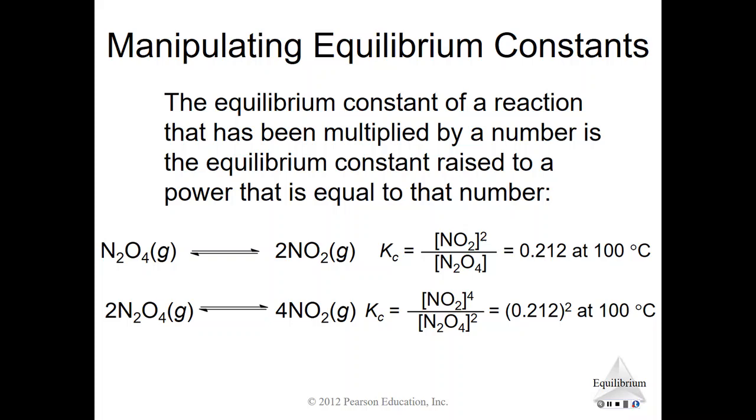When you multiply the whole equation by a multiplier, whatever that multiplier is also the multiplier for K. Sometimes you're going to have to multiply by something, either a whole number or a fraction. When you multiply, you have to do it to your rate also.